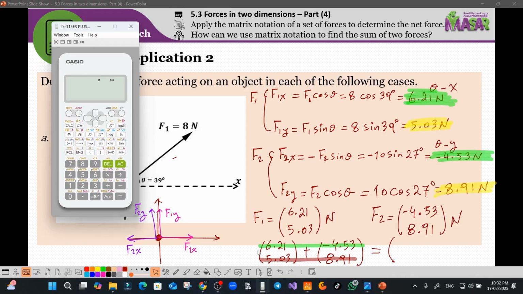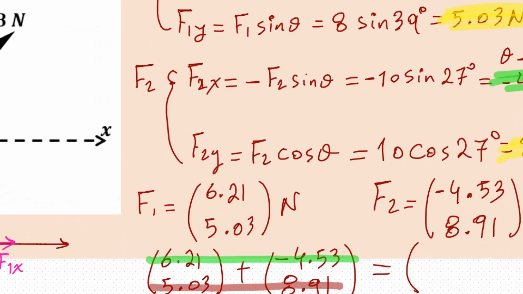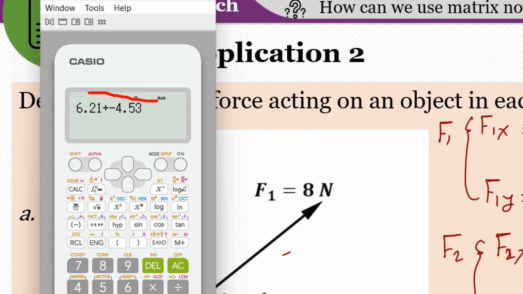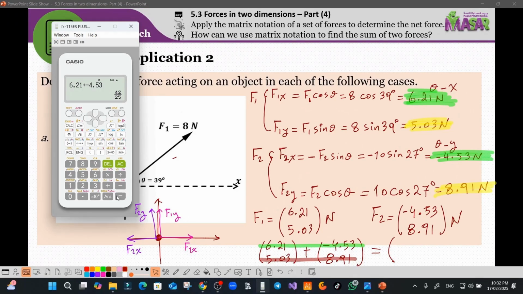Now, what are the entries in the first row? 6.21 plus negative 4.53. So what I did here is I just added the two entries of the first row together in my calculator, and the answer is 1.68.